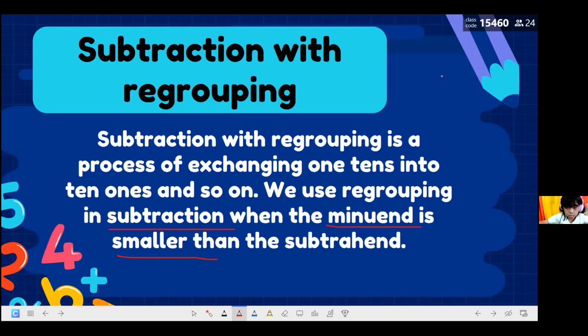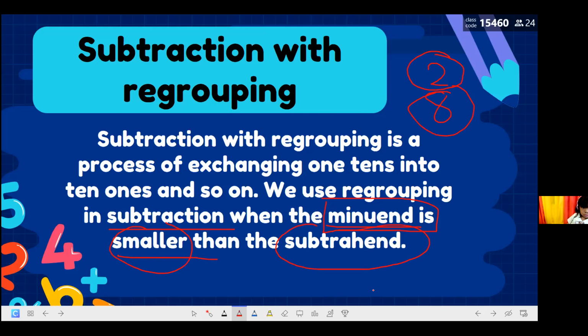The minuend in the ones place is 2 and the subtrahend is 8. If you notice that kind of situation, that's the time we need to regroup.